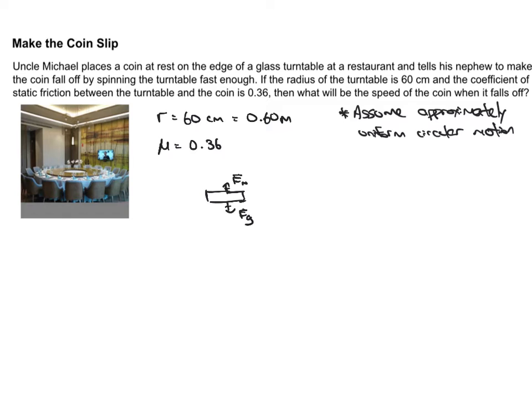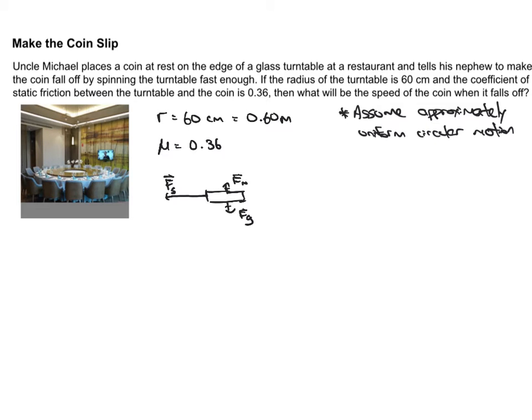But neither of those is going to provide the centripetal acceleration. What's going to provide the centripetal acceleration? Well, that's going to be static friction. Just like when we talked about the car going around the curve, it was actually static friction providing that centripetal force. The same thing for this coin moving around in circles.